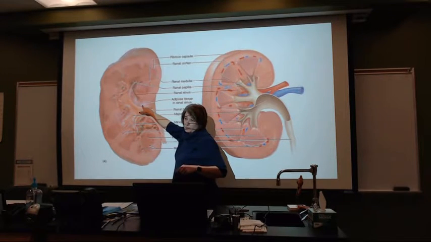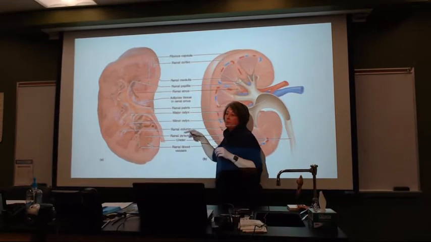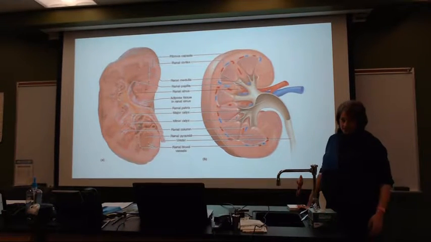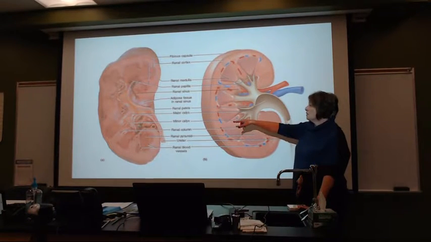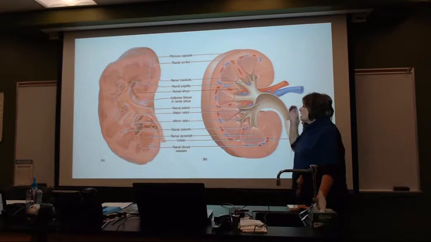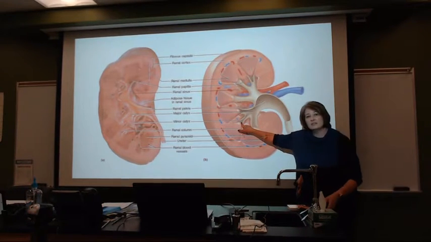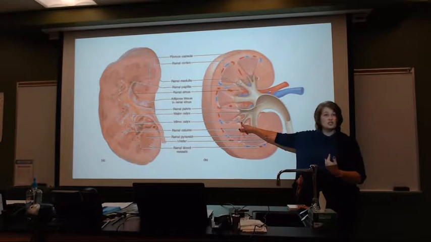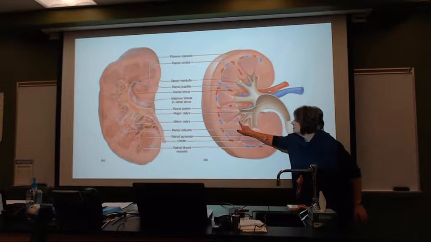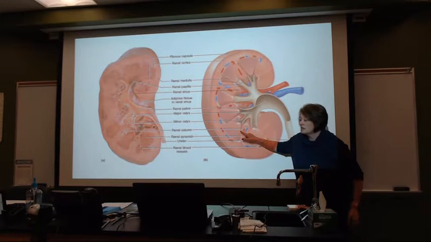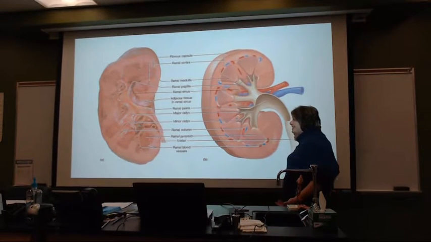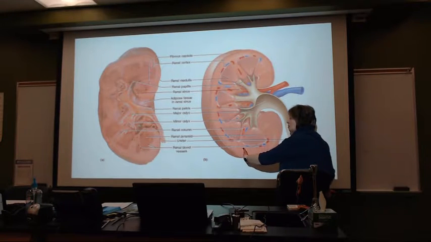What's the difference between the medulla and the pyramids? The pyramids are actually embedded in the medulla. Okay, so this is what I said was going to be clearer in the pictures. The little papilla portion, which is going to have nephrons, which get to produce the urine.